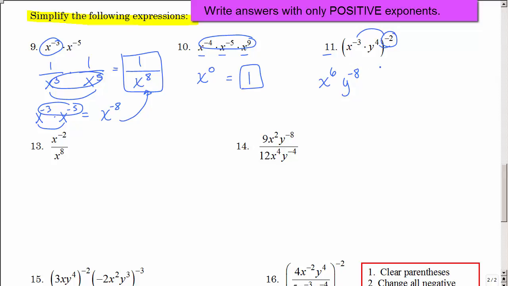Cannot leave my answer like that. Don't want to leave any negative exponents. So since this is positive, it's staying right where it is. And this is like over 1, so the y is going downstairs and changing that exponent to positive. That's the same thing as taking the reciprocal, y over 1, 1 over y. That's your final answer.